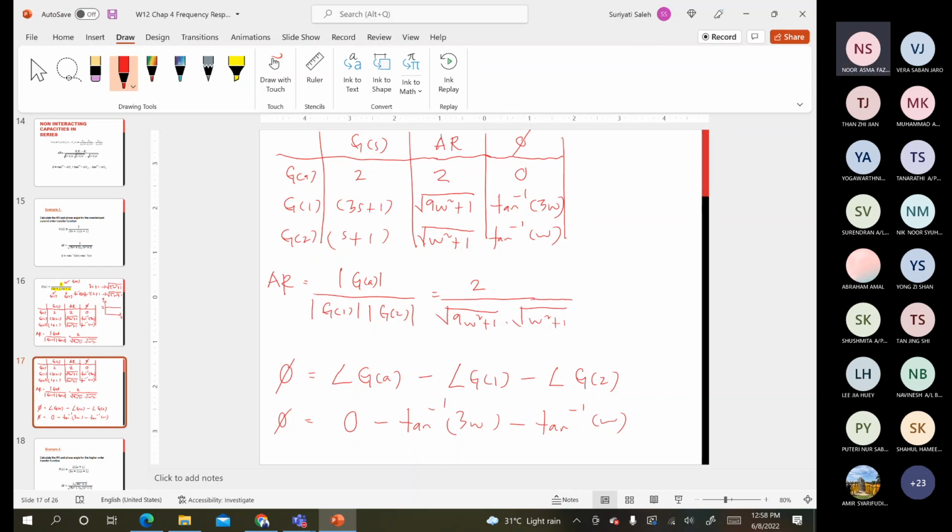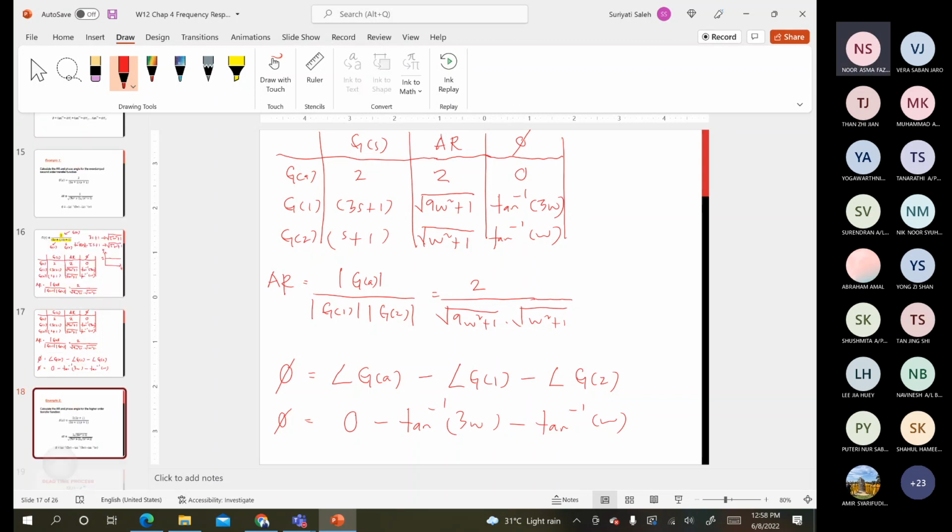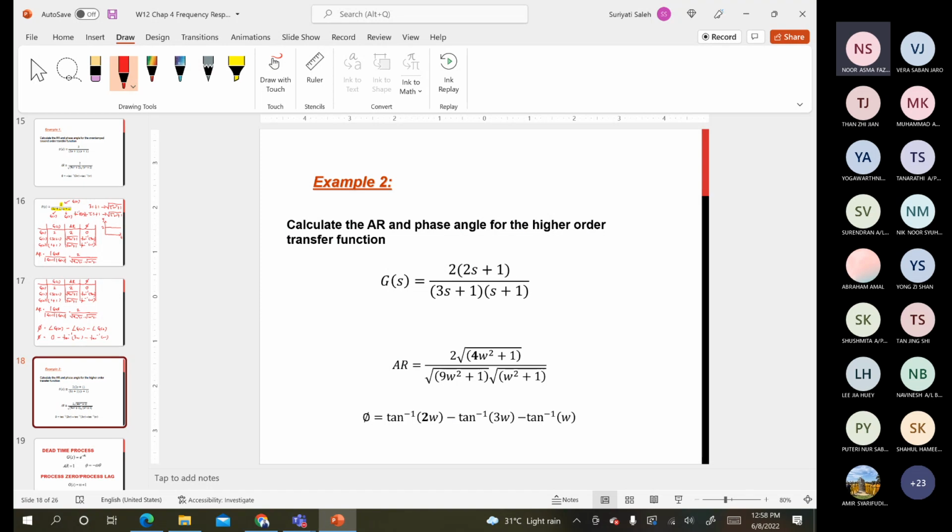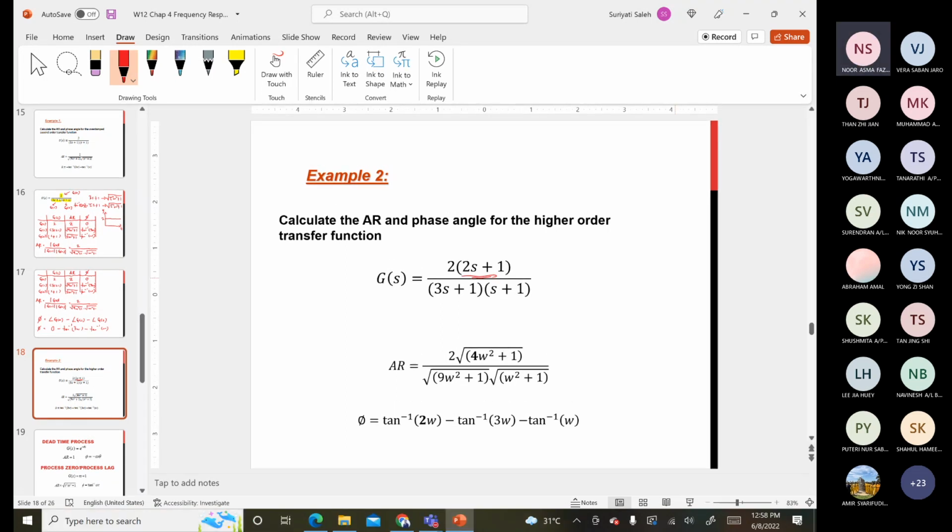So let's take a look at another example. Let's say we have it like this. In this case, you have 2s plus 1 in the numerator. How can we get the amplitude ratio and the phase angle for the higher order transfer function?